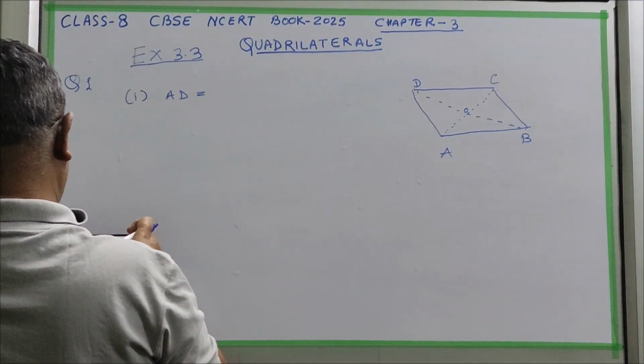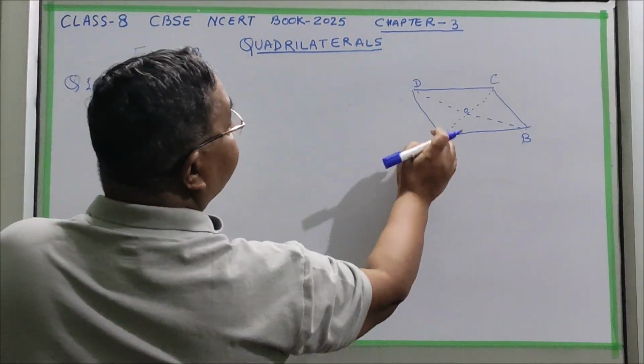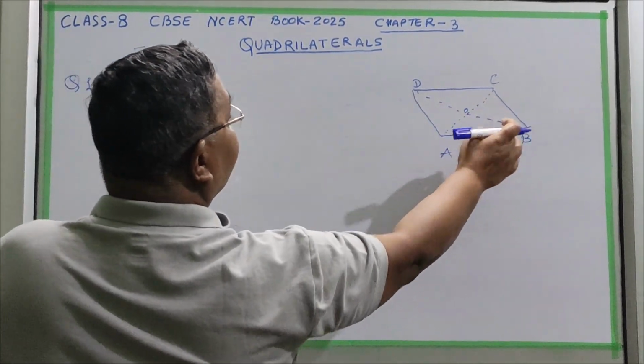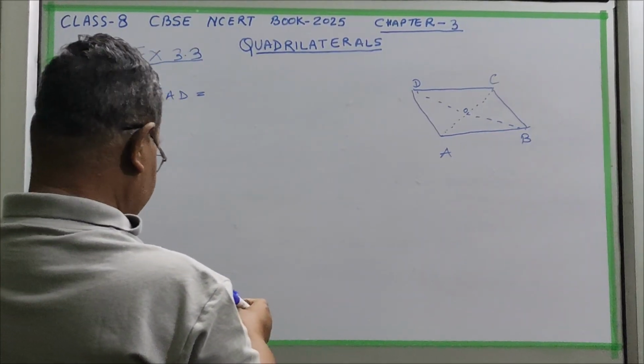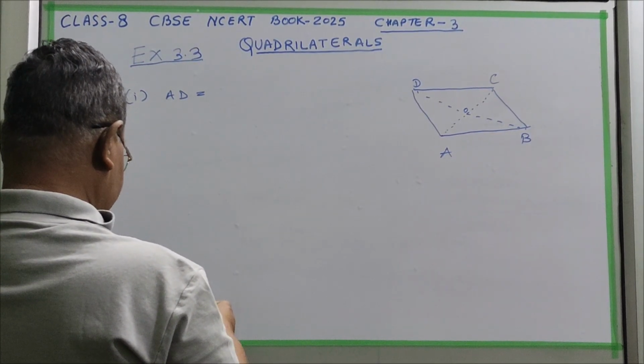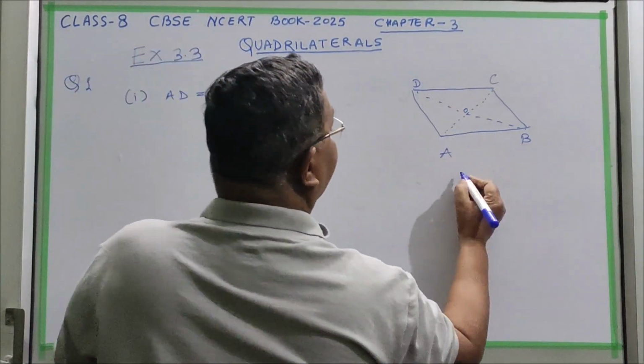AD is equal to what? So AD is equal to BC, because in the question it is given that it is a parallelogram.